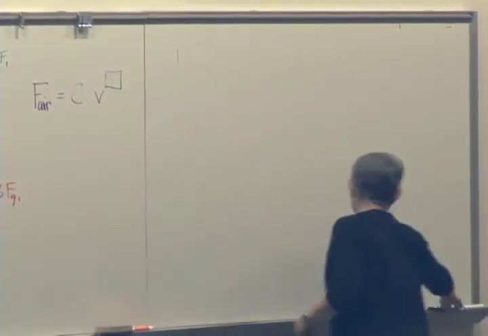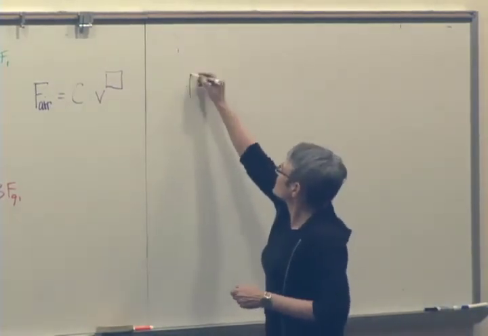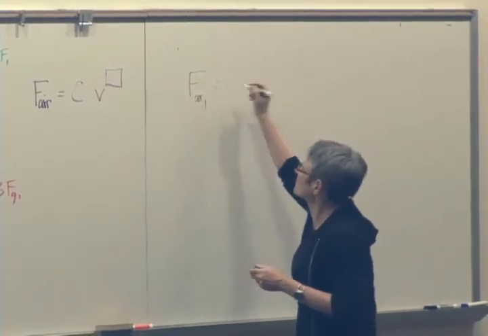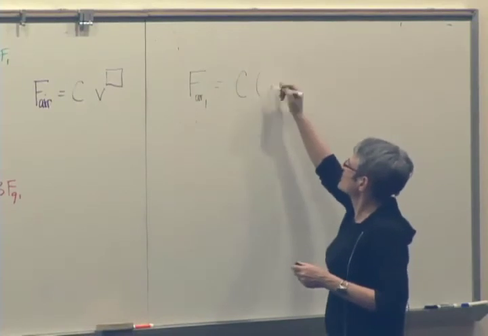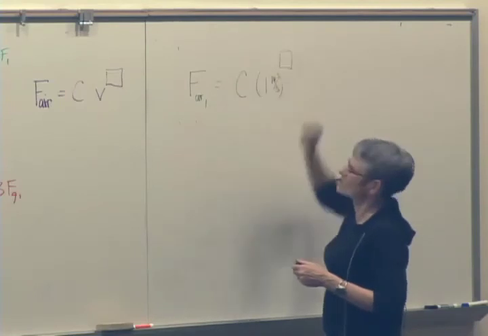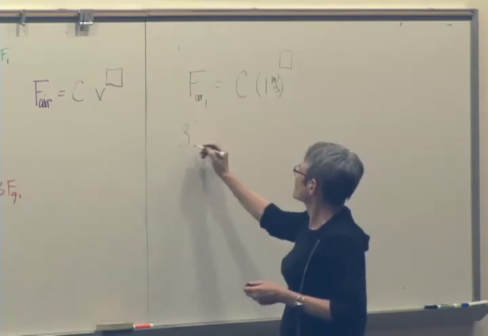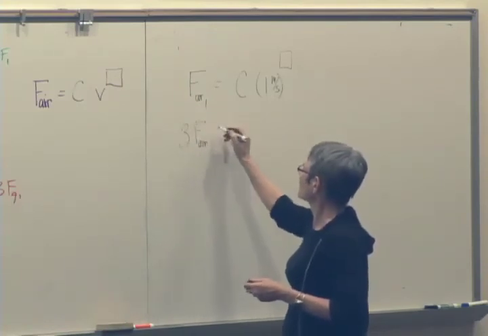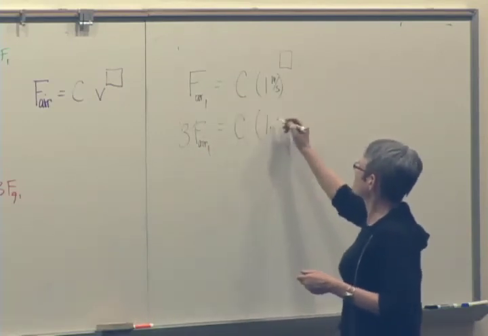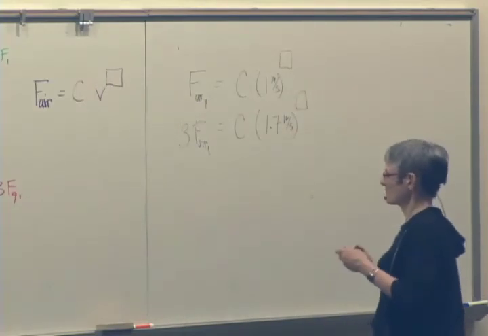And so we've got a situation here where for one filter the force of the air on one filter is equal to some constant times 1 meter per second to the something. And we have 3 F air 1 is equal to the same constant times 1.7 meters per second to the something.